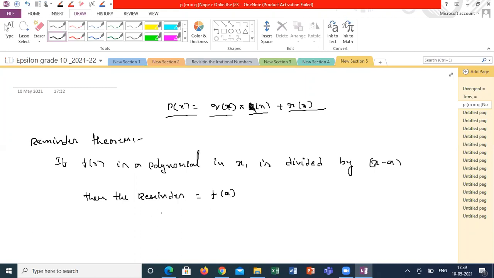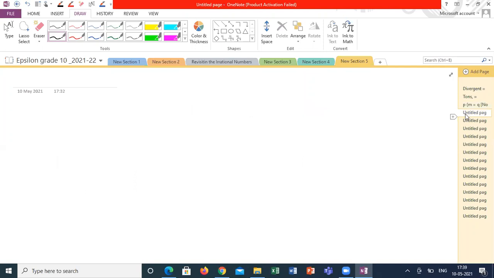Before going to the remainder theorem, we will do some basic numericals on how to divide an equation with another equation. How many people know how to divide an equation with another equation, guys? Did you do it in grade 9? Yes, sir. So I can give simple equations.